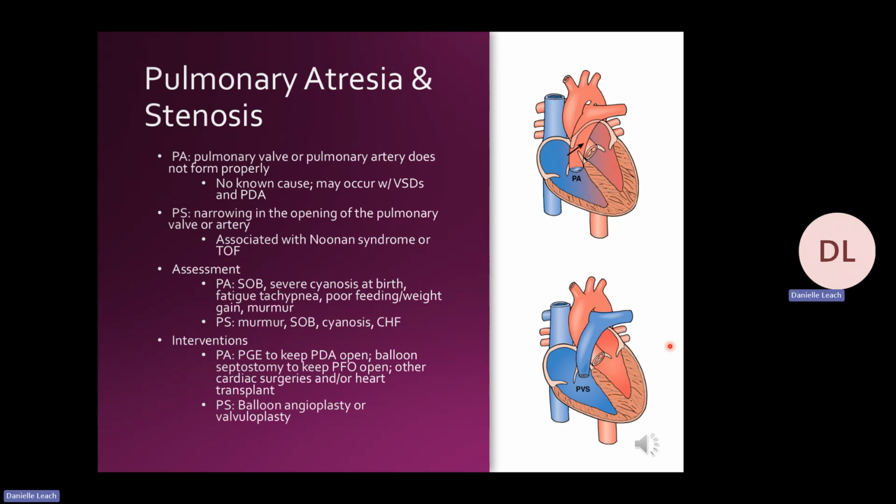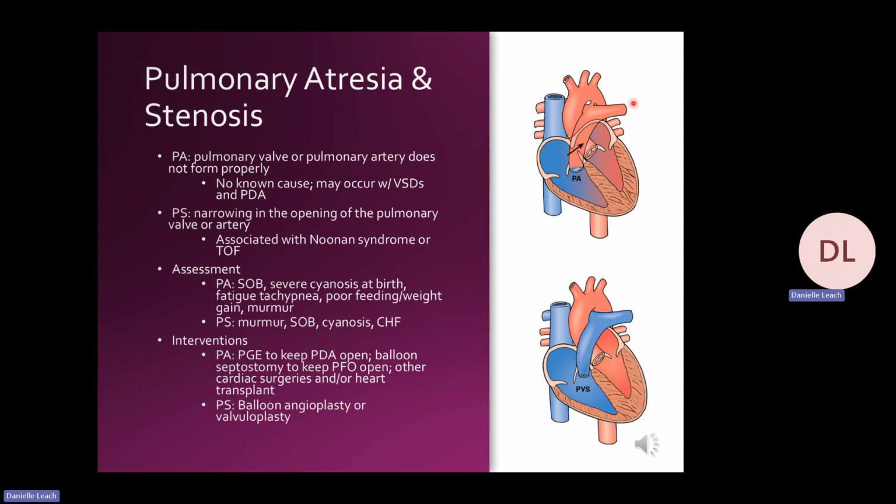Interventions for pulmonary atresia, we need to have PGE to keep the PDA open. So in this graphic, they do have the PDA actually drawn in there. So we are going to have that PDA open for any blood to get to the lungs because the pulmonary artery or the pulmonary valve is either not there or severely deformed.